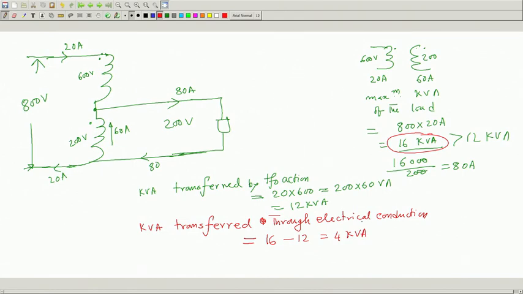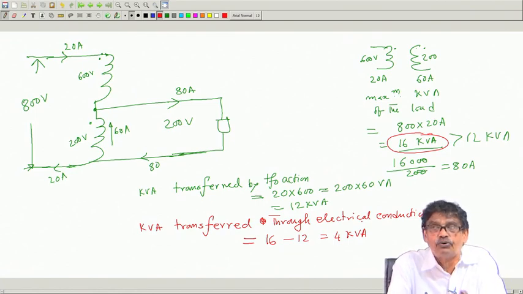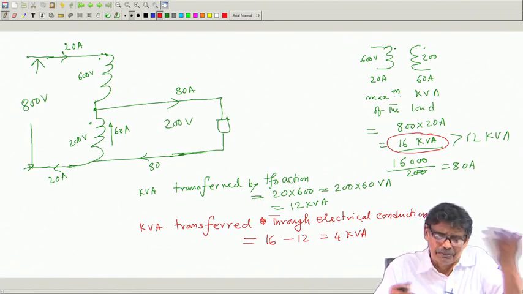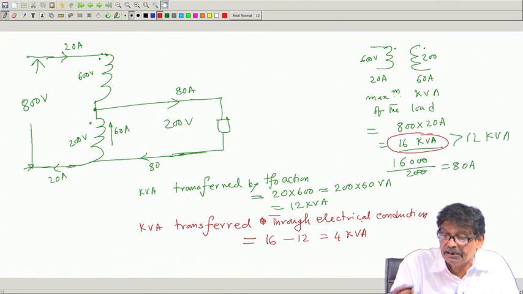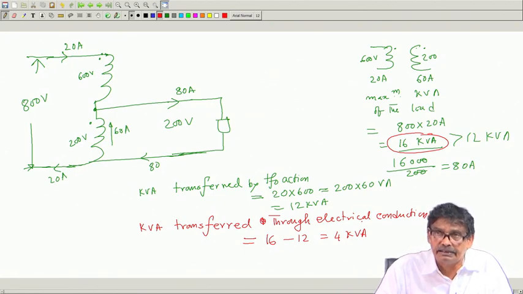Therefore, I will request you to try several combinations of connecting these two coils in series, apply voltage, stepping up, stepping down. It may so happen that your dot is here, this dot is there. So, I leave that as an exercise and find it out.